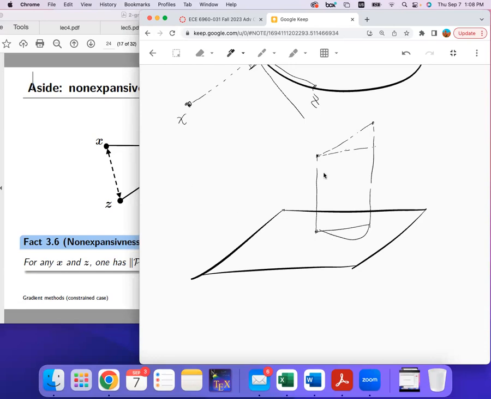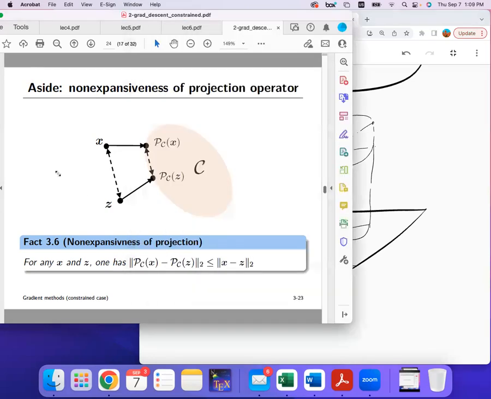And this one I can move to here because they are parallel with each other. This is the distance between your projected points, but this is the distance between your original points, right? So apparently it's smaller, because it's a triangle with a 90 degree angle. So it is obvious in this simple case, and this result is simply a generalization to the convex case in general.